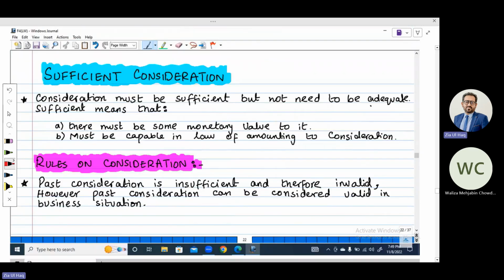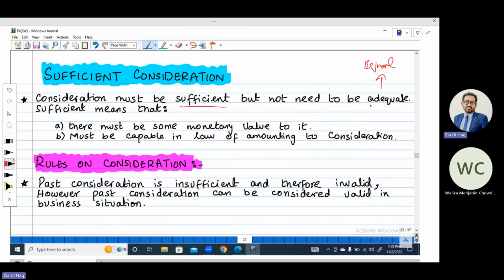And consideration must be sufficient, meaning enough, but it need not be adequate. Adequate means it should be equal to the consideration of the other party, but it must be sufficient. Like if one party is giving you goods worth 1,000, it is not necessary that you pay 1,000; you can even pay 500 if both parties agree.